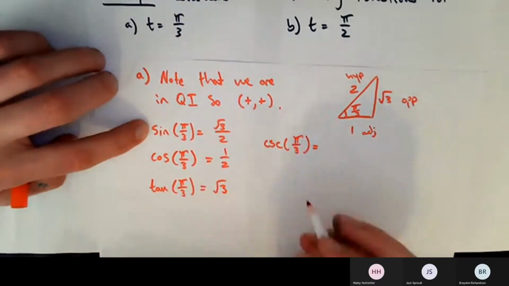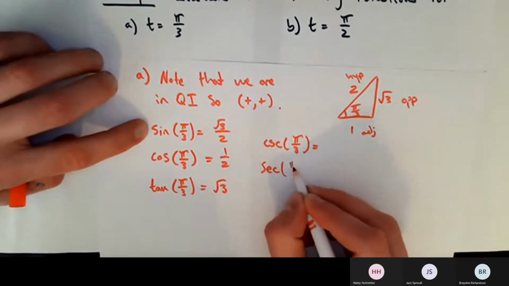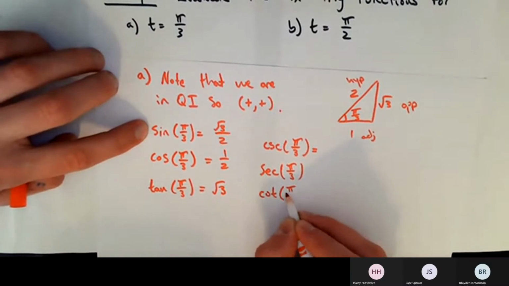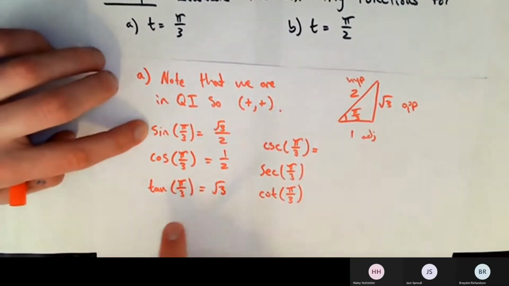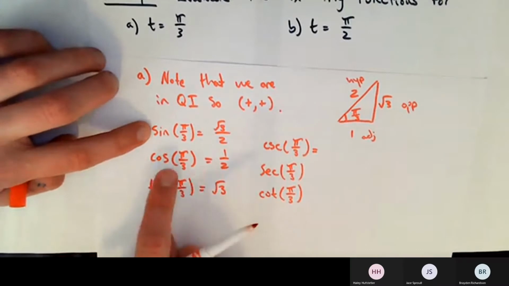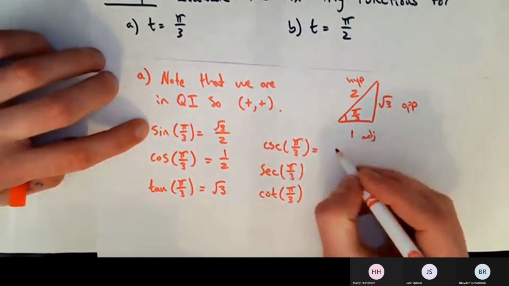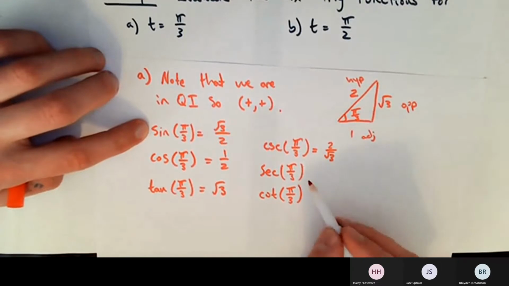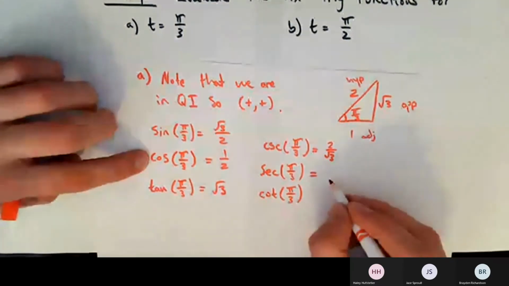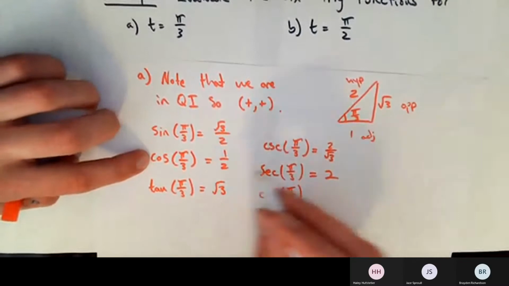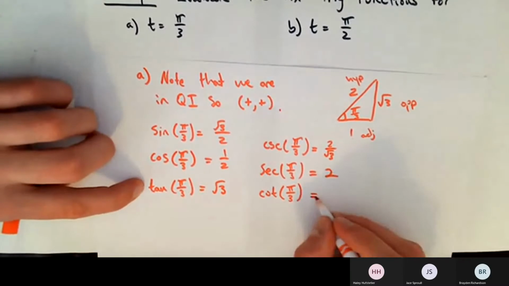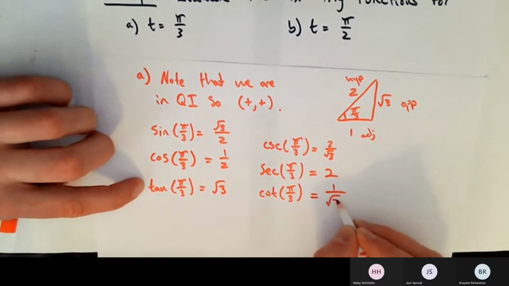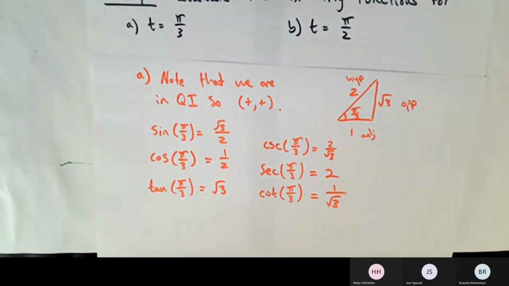So really when you're dealing with cosecant, secant, and cotangent, you don't really have to think too hard, because if you've already got these three, all you have to do is take the reciprocal. So to get cosecant, I flip sine, so I'm getting 2 over square root of 3. To get secant, I flip cosine, so 2 over 1, which is just 2. And to get cotangent, I flip tangent, square root of 3 over 1, so 1 over square root of 3.